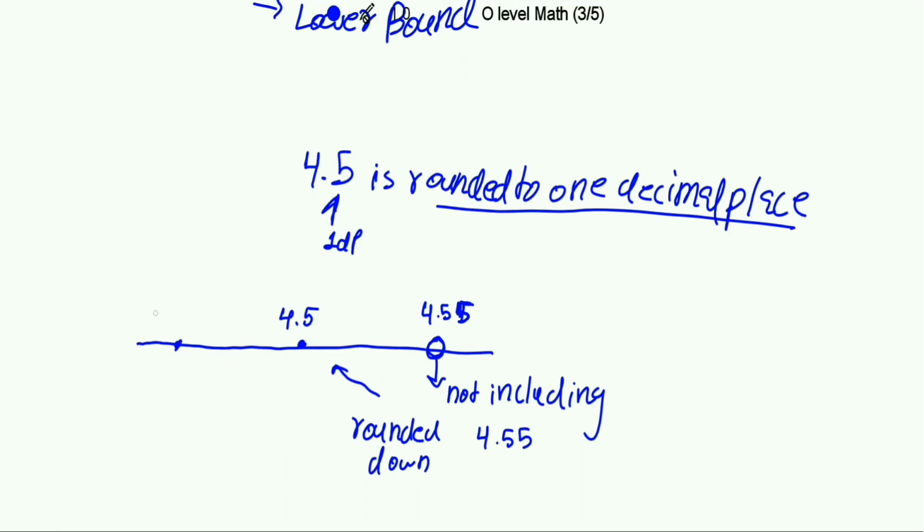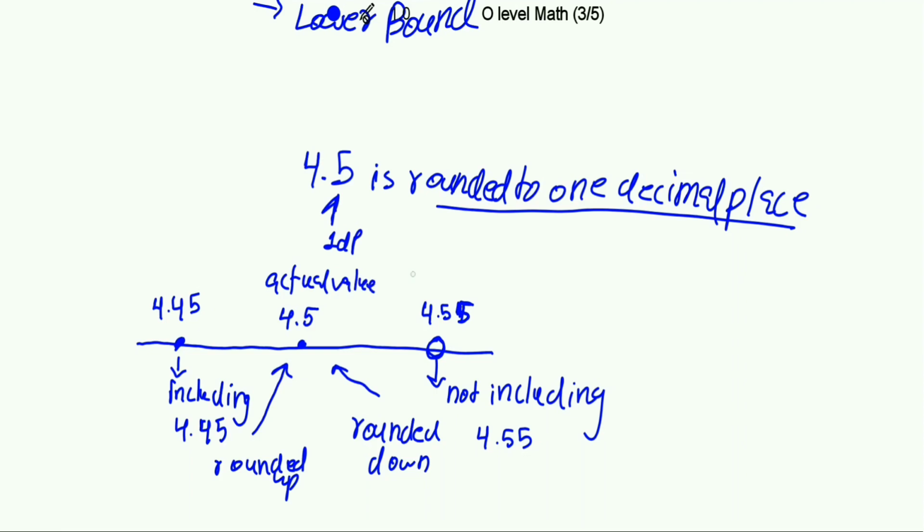And if a number was 4.45, included, then it will be rounded up to 4.5. So 4.5 is the actual value. This is known as the upper bound, and this is known as the lower bound.